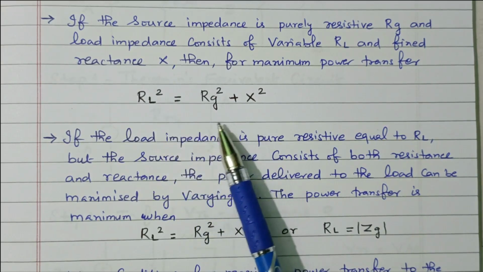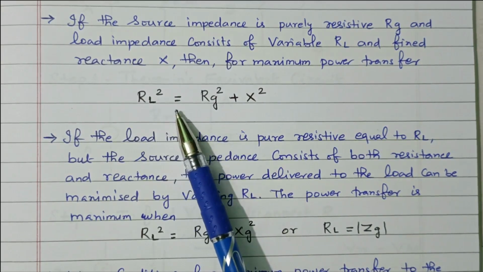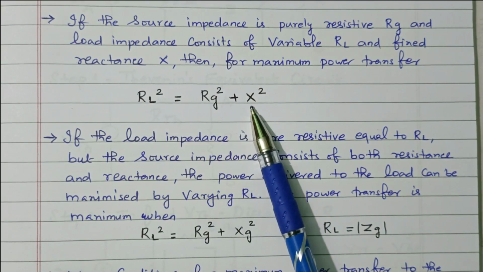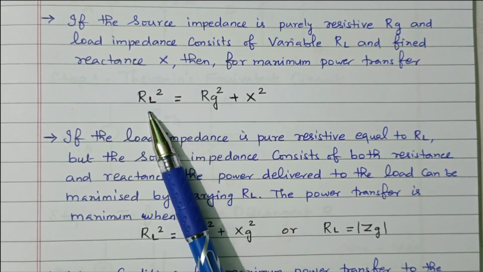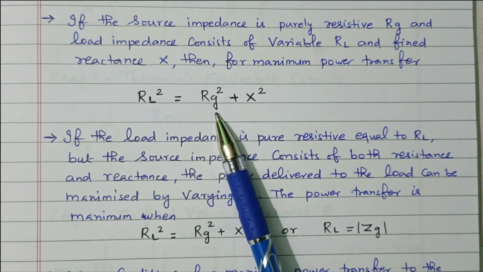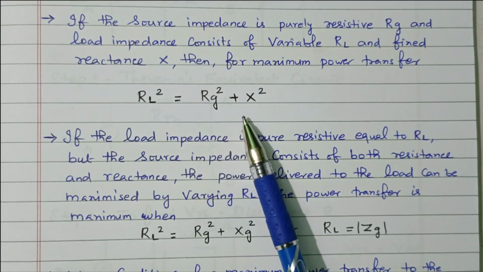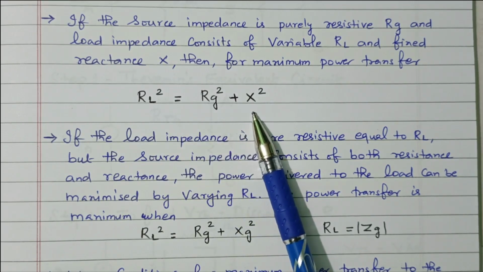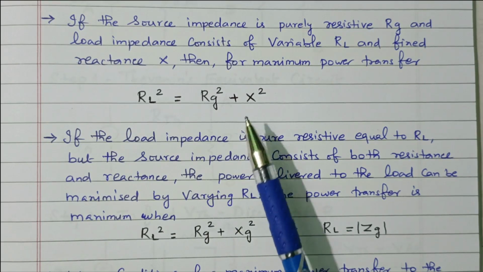If all these things are available, then it is RL square equal to RG square plus X square, right? RL is the load resistance, RG is the internal resistance, and X is the reactance.